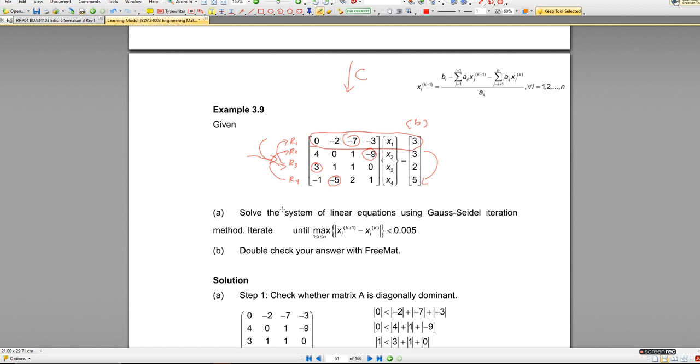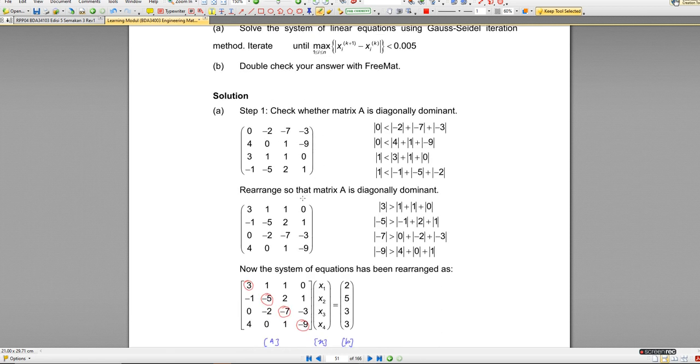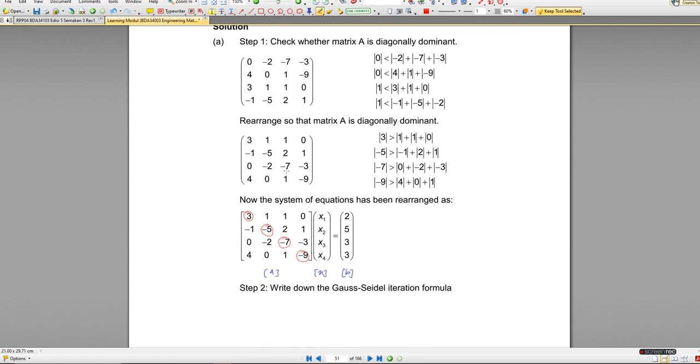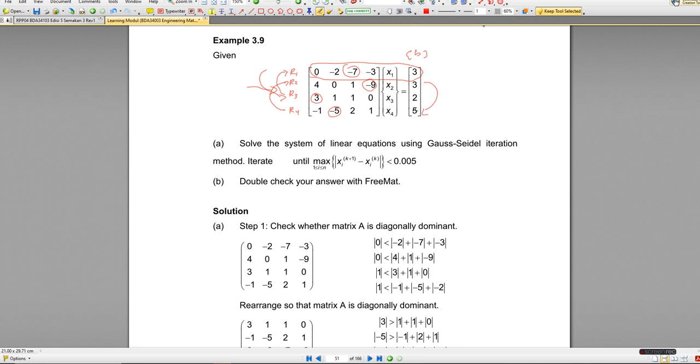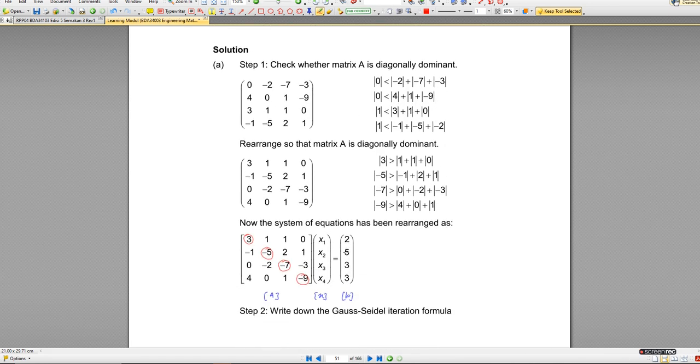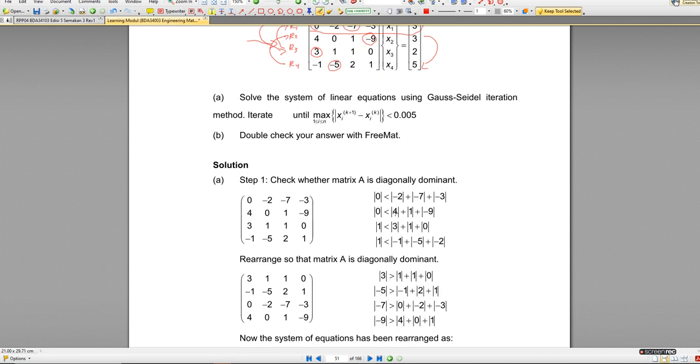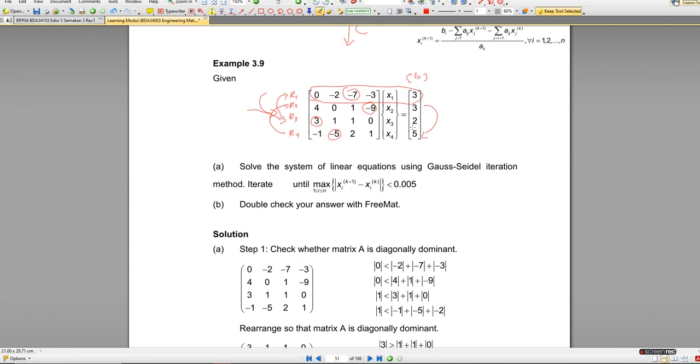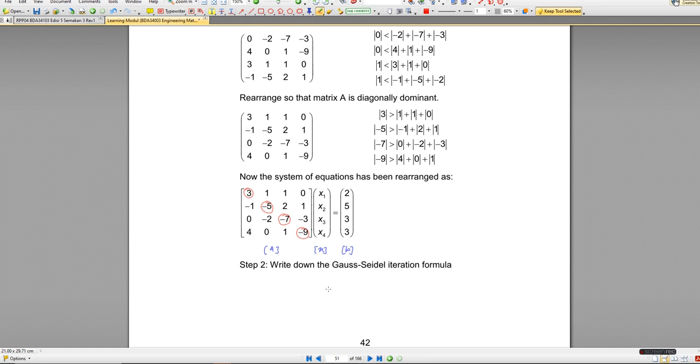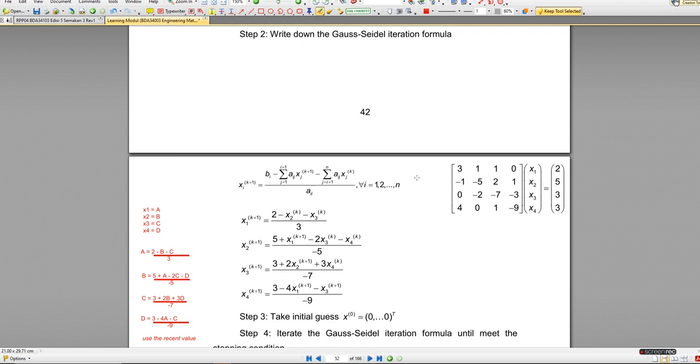Once you have rearranged, then you can compare this one, matrix B, the original one and the rearranged one. 2, 5, 3, 3. This one is 3, 3, 2, 5. It's different. So once you rearrange, you get some marks for this process. And then write down the Gauss-Seidel iteration formula.